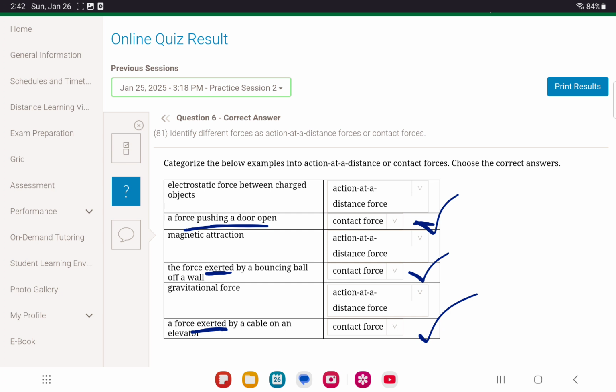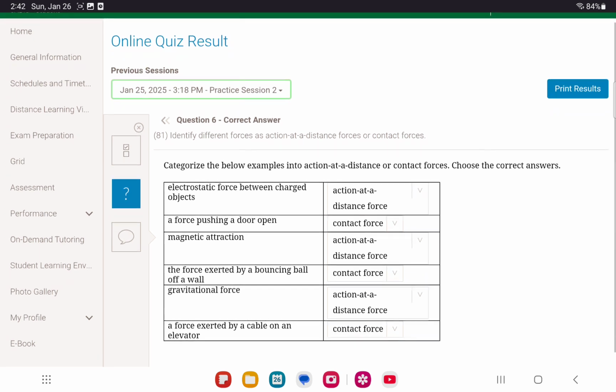Can you touch gravity? No, so it's action at a distance. Magnetic. Do the magnets have to be touching so they can attract each other? No, so it's action at a distance. Electrostatic. Do you have to be touching electricity to get electrostatic energy? No, so it's action at a distance. And that's 3.2. Let's go to 3.3.